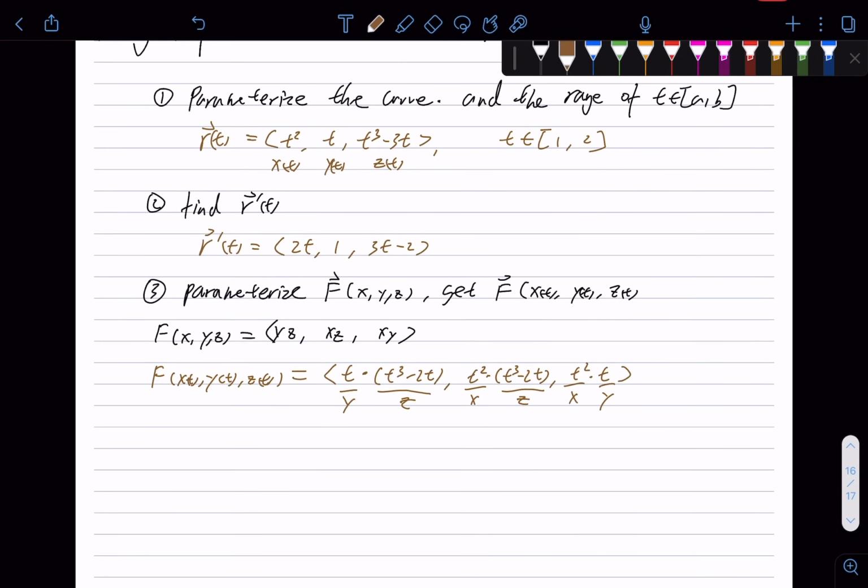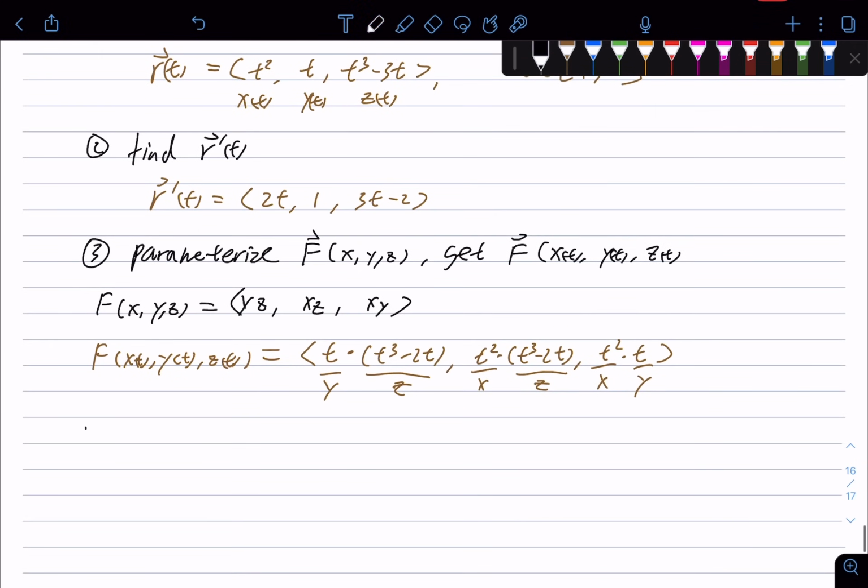So your final step is just going to be plug in the definition.